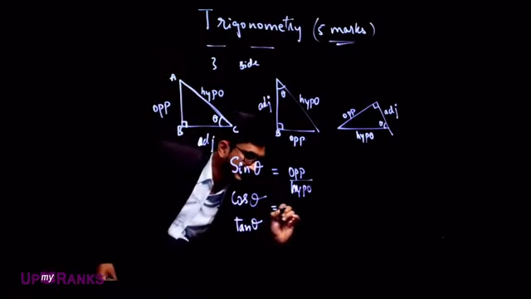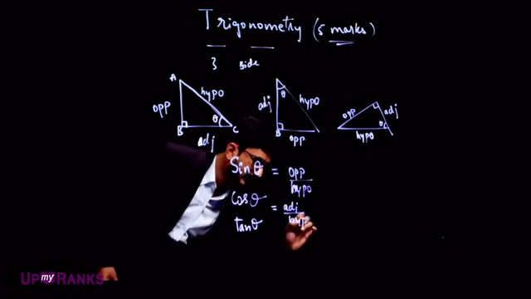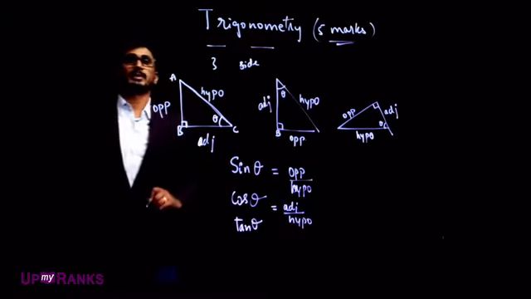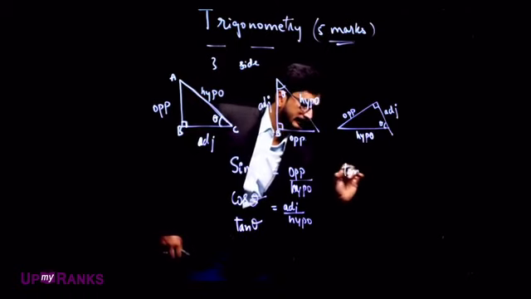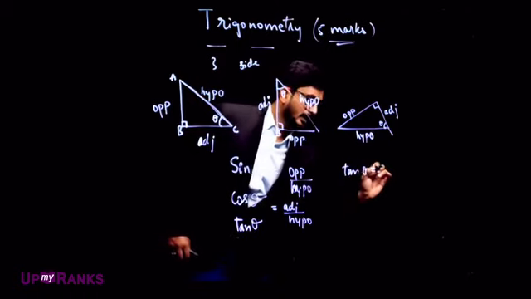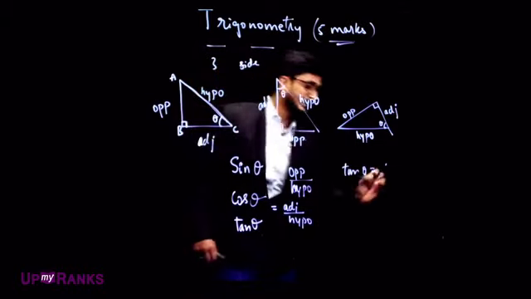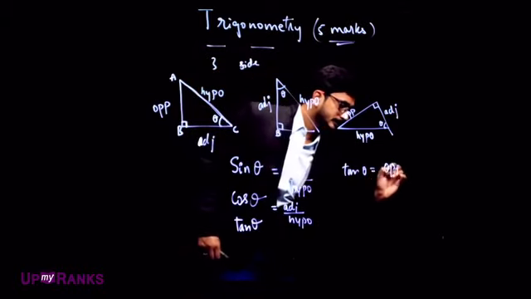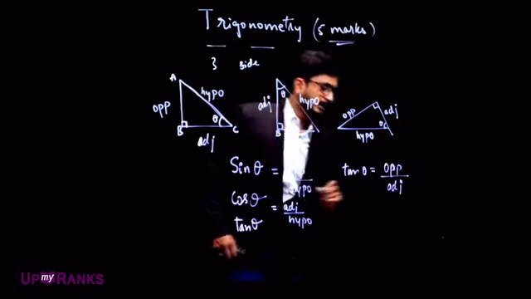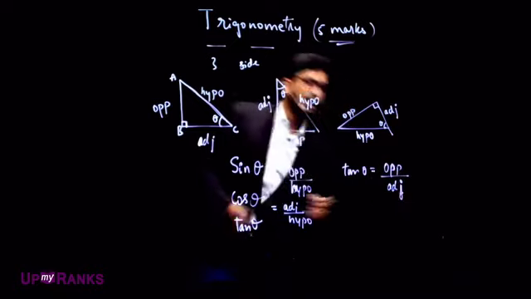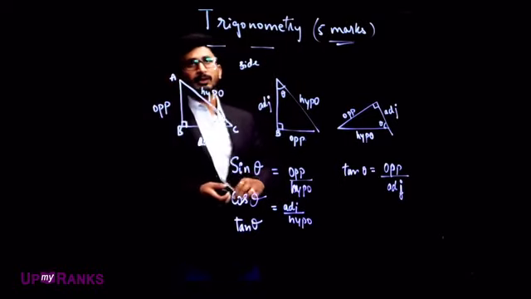Cos is nothing but adjacent by hypotenuse. What about tan theta? Tan theta is sin theta by cos theta, which is nothing but opposite by adjacent. We also have to find the other 3.